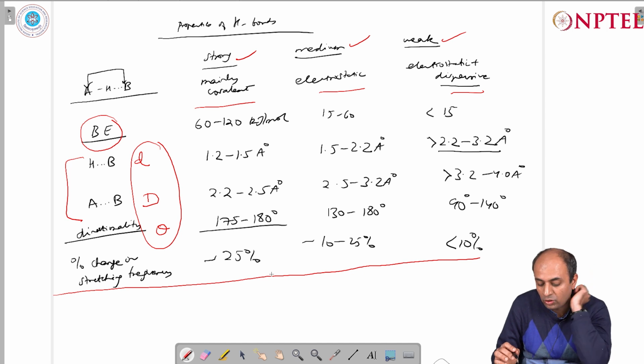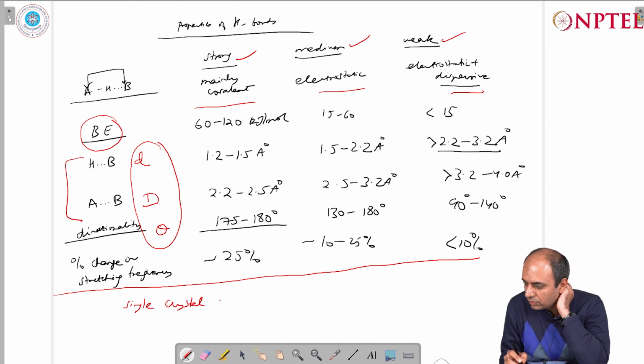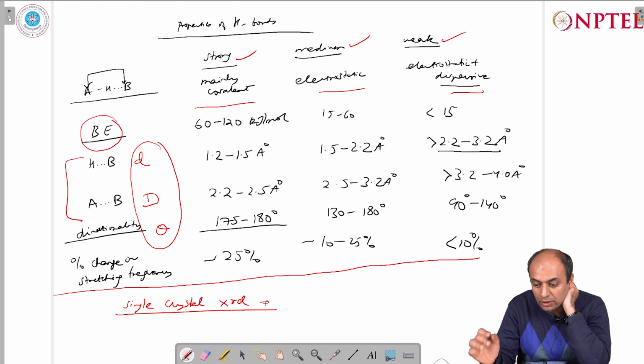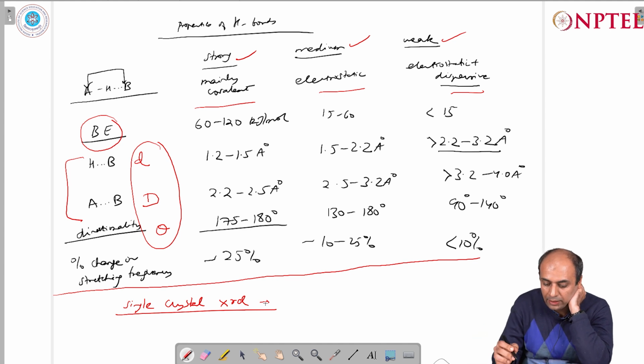And most importantly, one of the very important techniques to characterize substances in the solid state is single crystal X-ray diffraction, from where we determine the crystal structure of the substances, and we can get all the geometrical characteristics in solids.